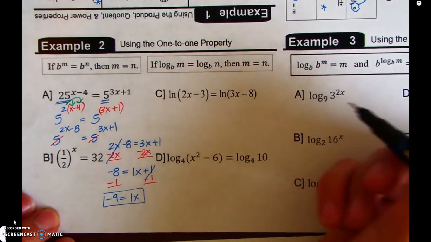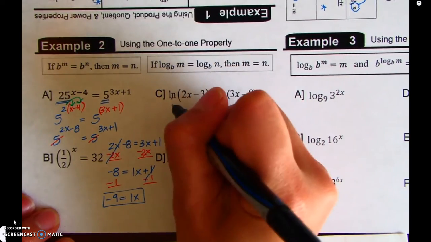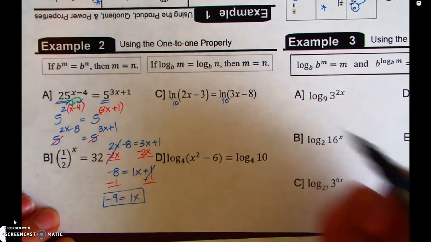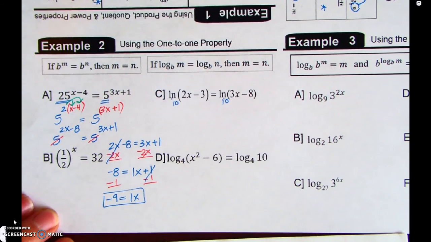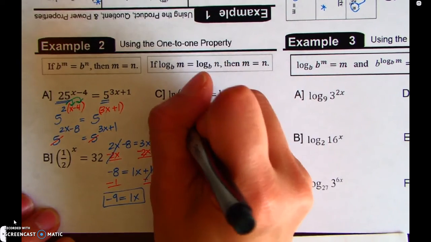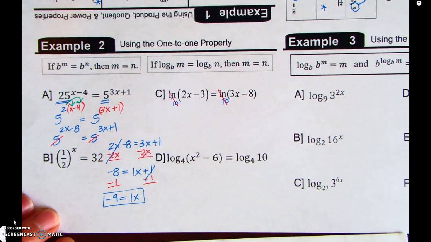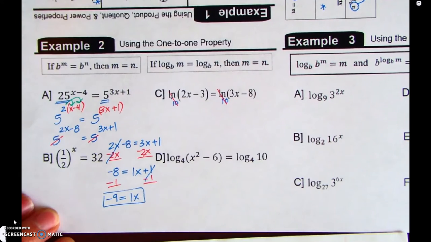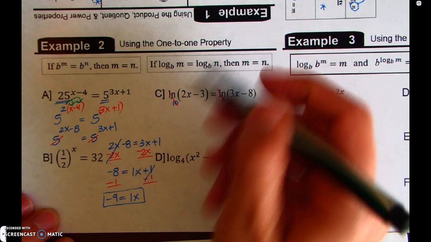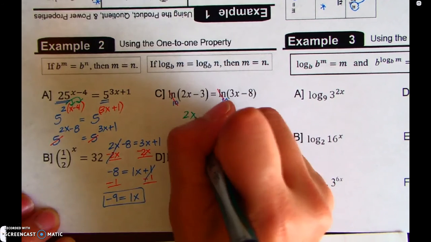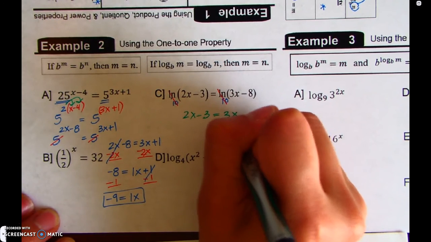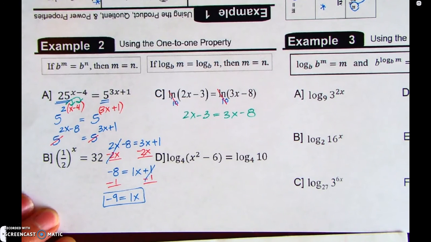Let's look at C. The bases are the same because remember, if there is no base written, you can automatically assume that it's 10. So log base 10 and log base 10 on both sides cancel each other out until you're just left with 2x minus 3 and 3x minus 8. You have to solve for x, just like we did for this side.